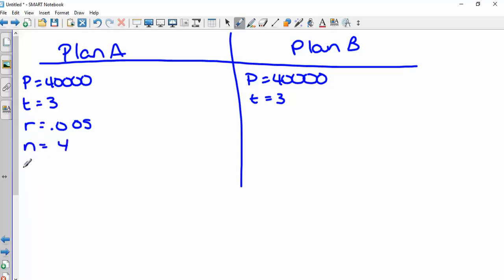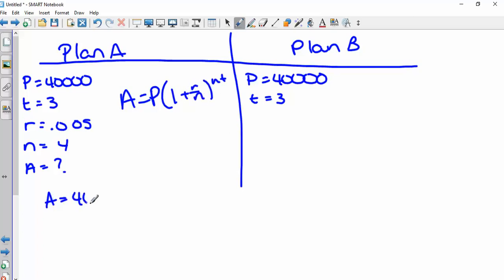We want to know which one would be the better option, so we need to find our ending amount. Formula, I told you I would give you. We don't know our A, P is 40,000. 1 plus R over N to the N times T power. And then you plug all of that in.